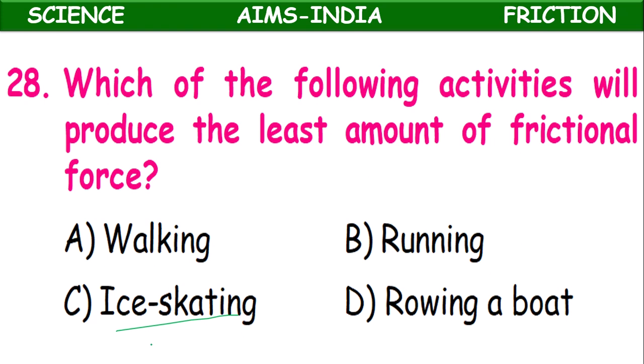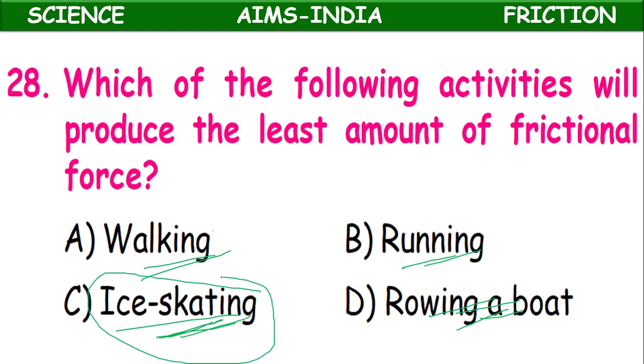Everybody can walk, everybody can run, everybody can row a boat. Compared to walking and running, rowing a boat is somewhat difficult. Compared to rowing a boat, ice skating is very difficult. We need special training for ice skating. Otherwise, we can slip down easily because of less frictional force.